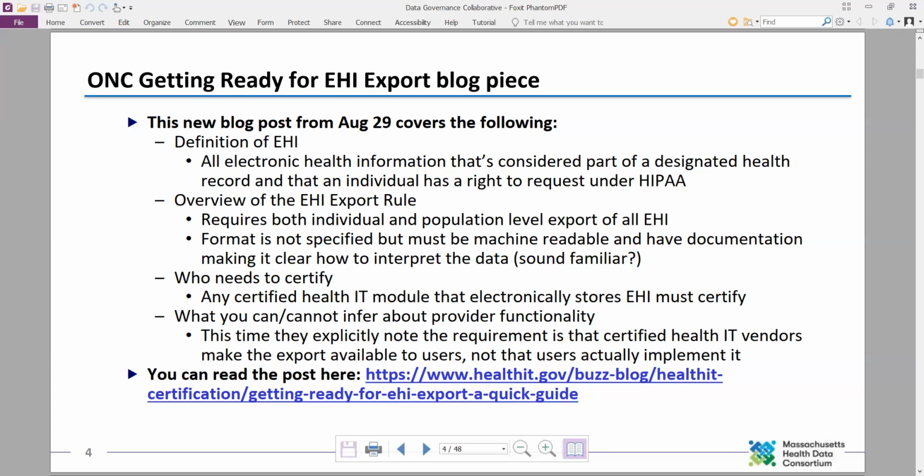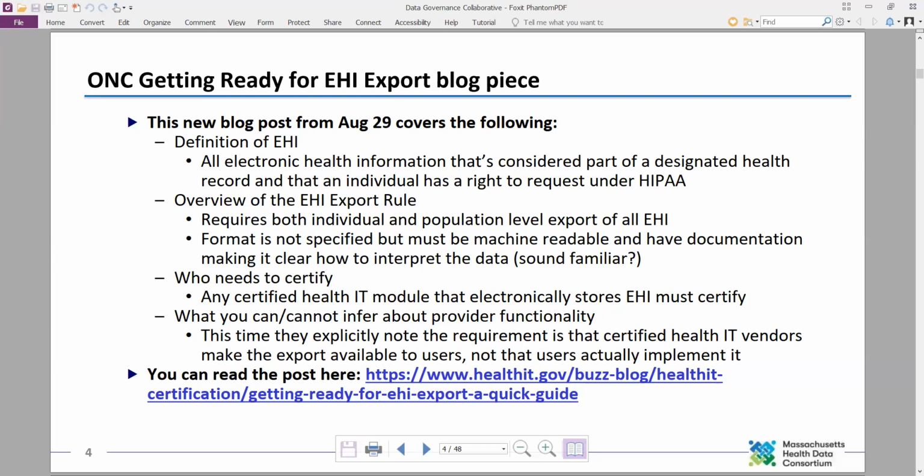The implication is not 100% clear, but basically you can't assume that a provider has full EHI export, only that they have the opportunity to have it if they use certified health technology. We found that distinction to be an important one when it came to support for FHIR APIs. Not clear if it will be equally as important here.